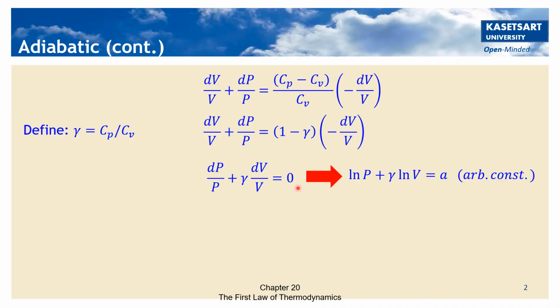And from this, you take log on both sides, or you integrate this equation on both sides, you have log P plus gamma log V equal to A, where A is an arbitrary constant. Then by the property of log, you have log PV to the power gamma equal to A, or PV to the power gamma is constant.